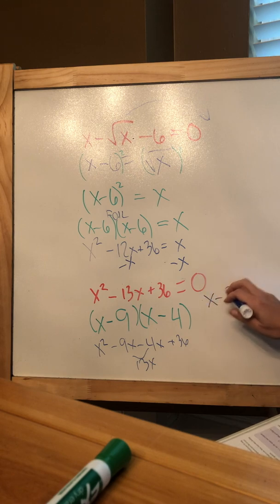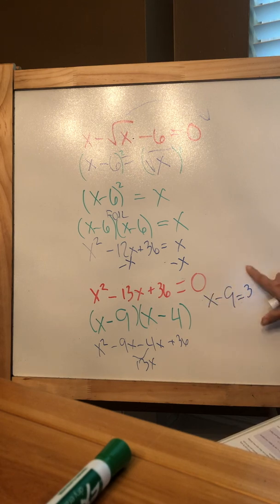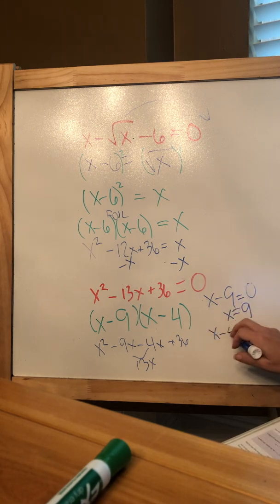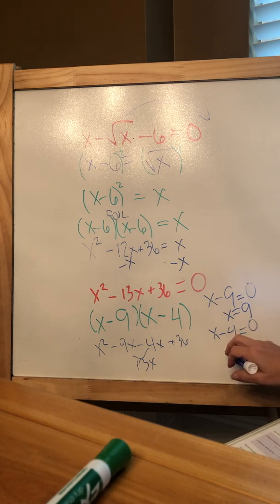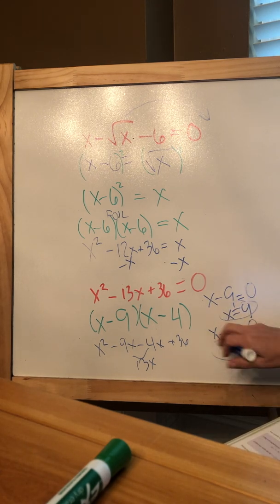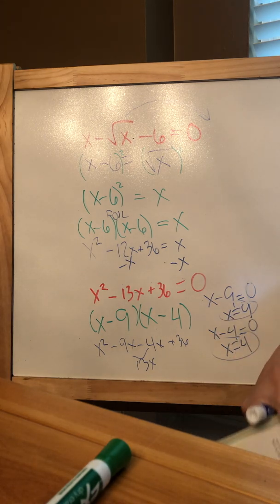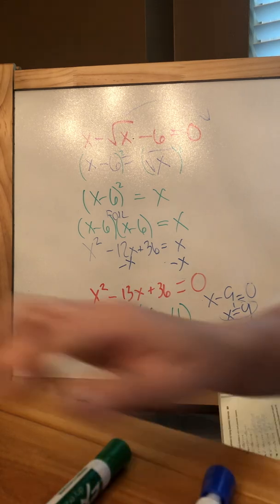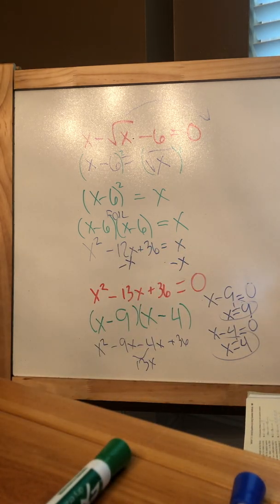So we have x minus 9 equals 0. That means that x equals 9. And we also have x minus 4 equals 0, which means x equals 4. So x equals 9 and x equals 4 are both solutions. Just making sure all this fits. Okay, it does. All right, so that is example 1.